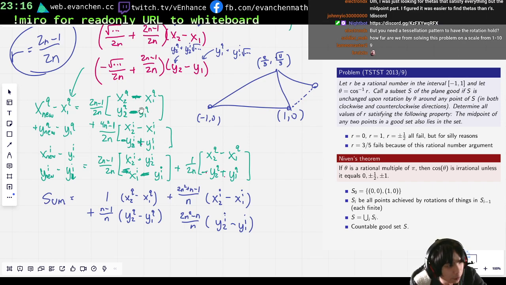So what was my claim to begin with? The claim was that x plus y has rational part odd and irrational part even. So in other words, actually that's not good.